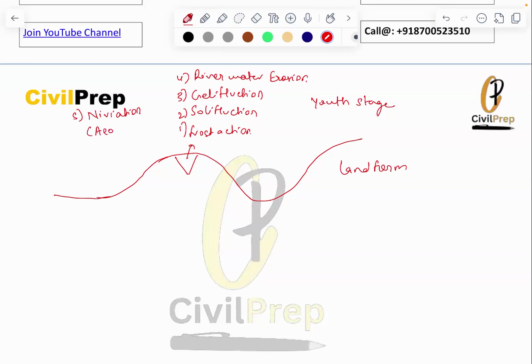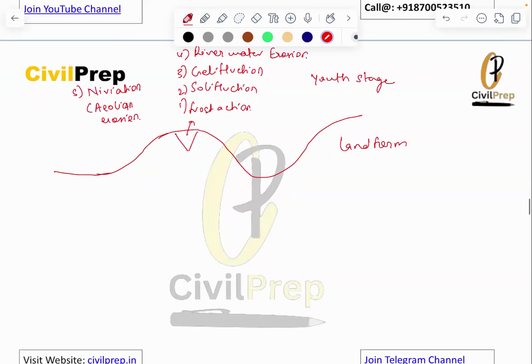It is also aeolian erosion. This is taking place here.